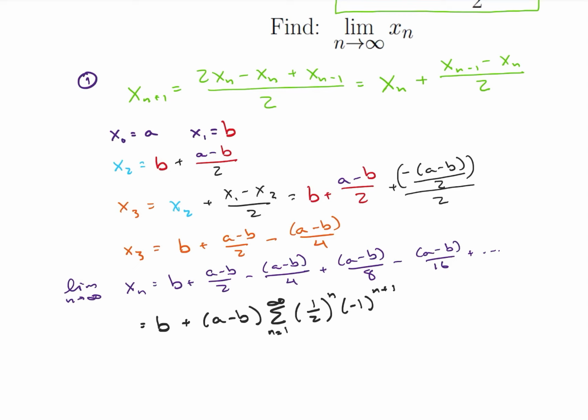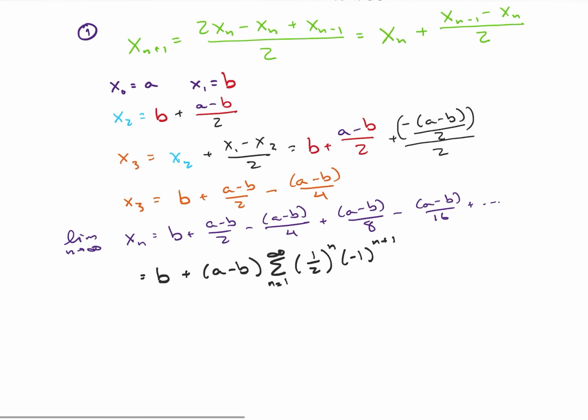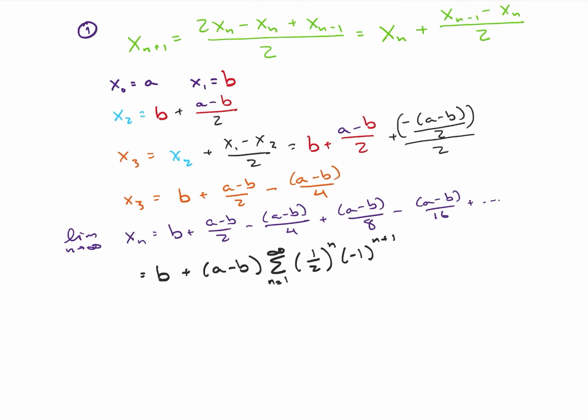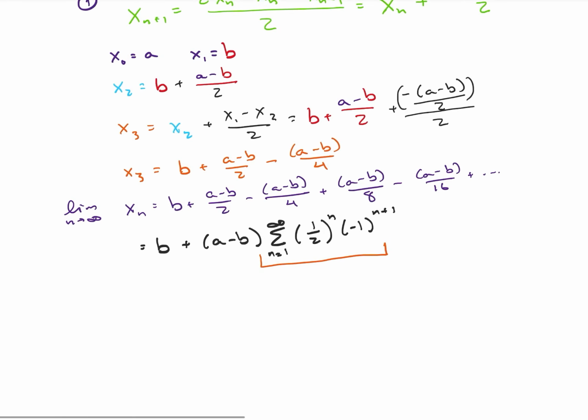Okay, so I'd like to know what this series is actually going to. Let's rewrite this series, and let's start at n equals 0. So n equals 0, I'm going to have 1/2 to the n plus 1, and then negative 1 to the n plus 2, but that's the same as if I just wrote it to the n.